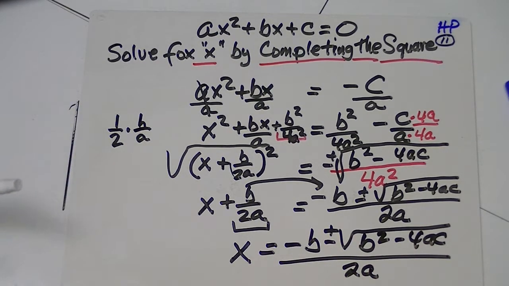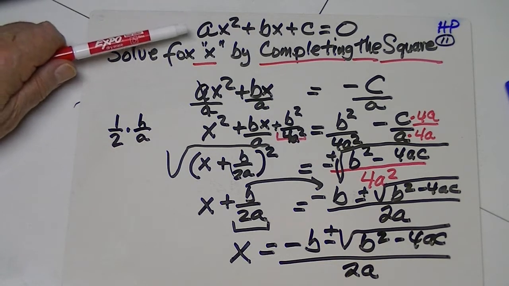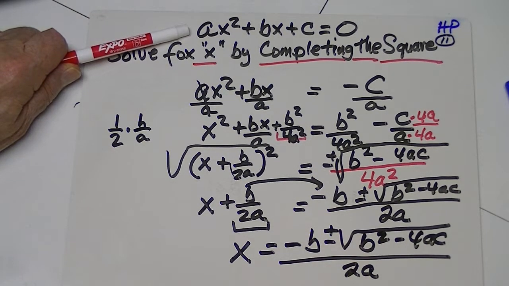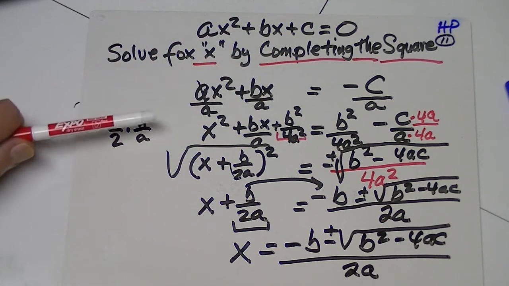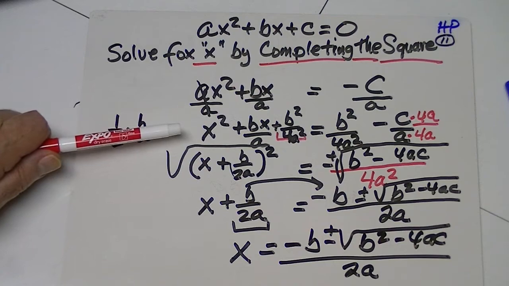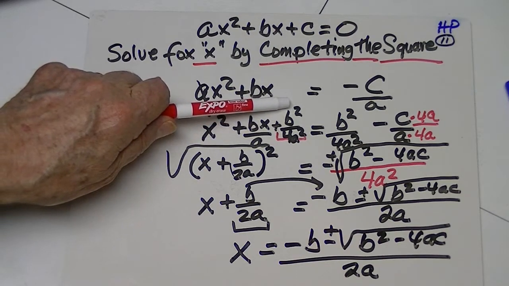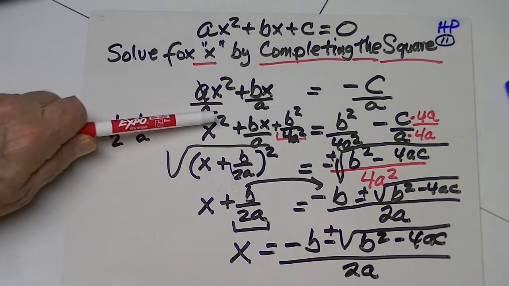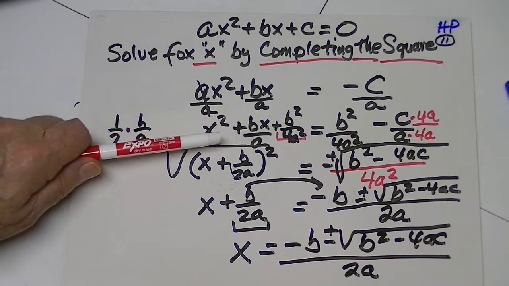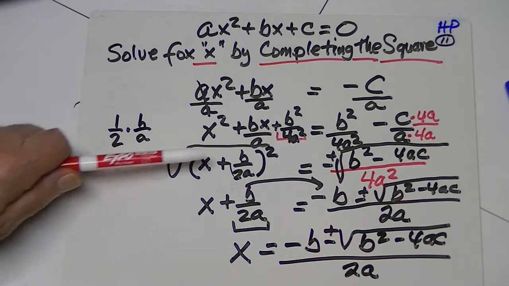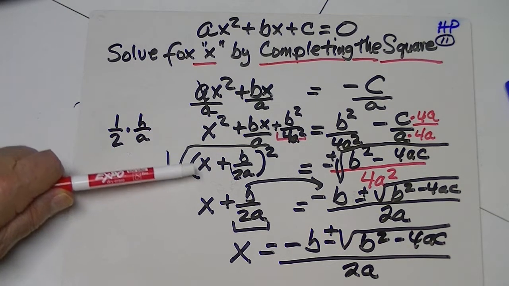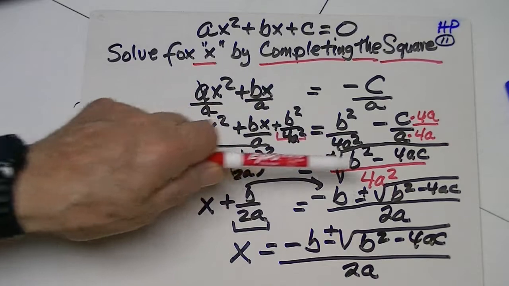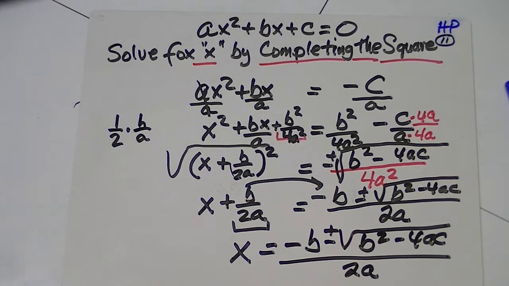And we did that by starting with an equation in standard form, completing the square, bringing our c term over, getting rid of our a, finding what our missing term was to make this a perfect square trinomial, and then expanding that, factoring that to get this, taking the square root of both sides, and ending up with the quadratic formula.